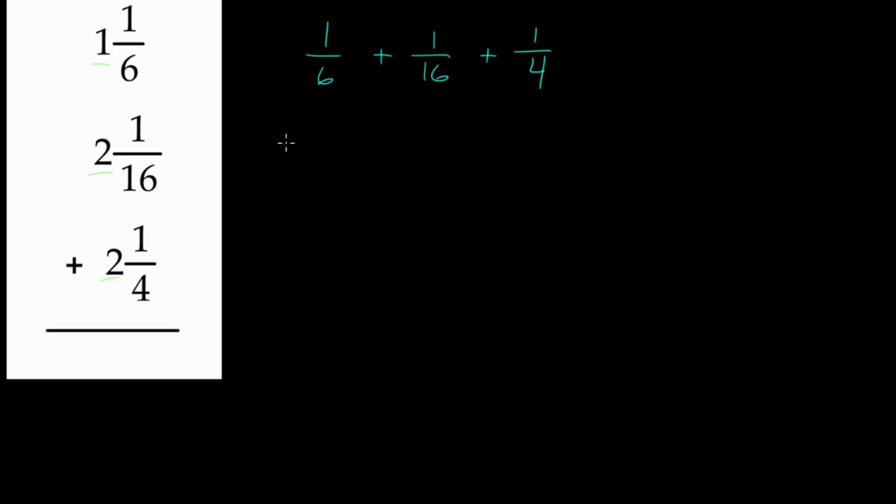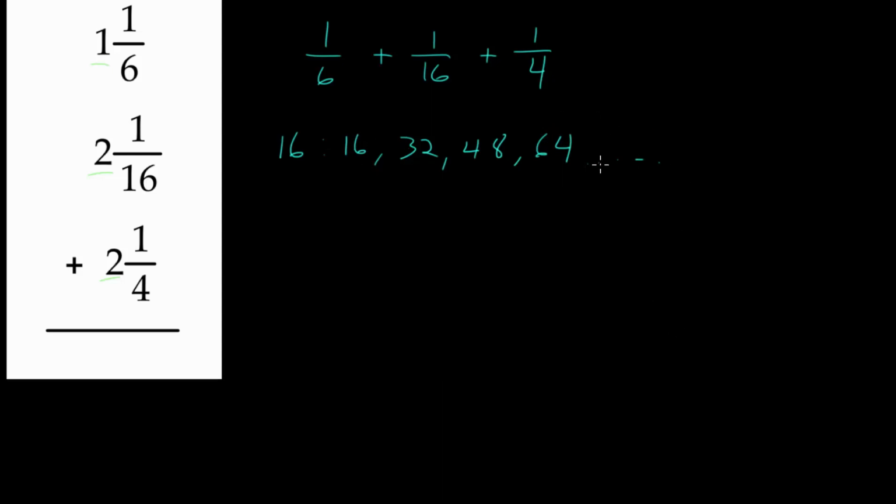Since 16 is the biggest of these numbers, we can just look at the multiples of 16. Now, 4 does divide into 16, but 6 does not. So we will need to use a multiple of 16 that is bigger than 16. The multiples of 16 would be 16, 32, 48, 64, and so on.